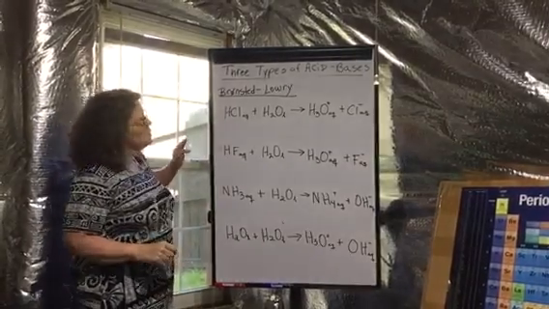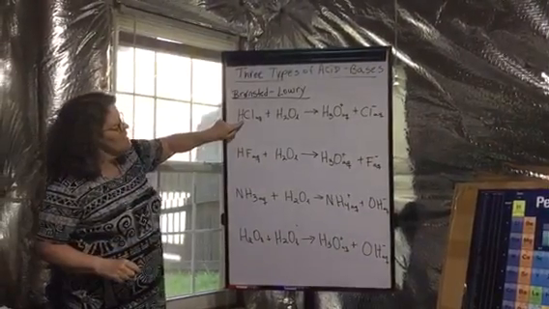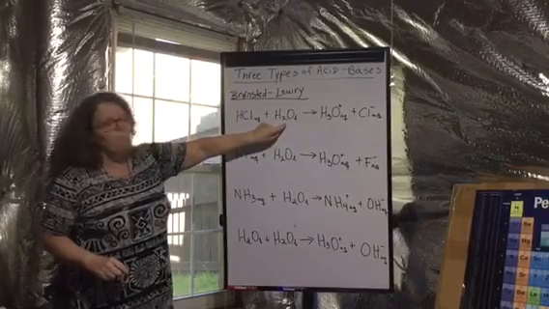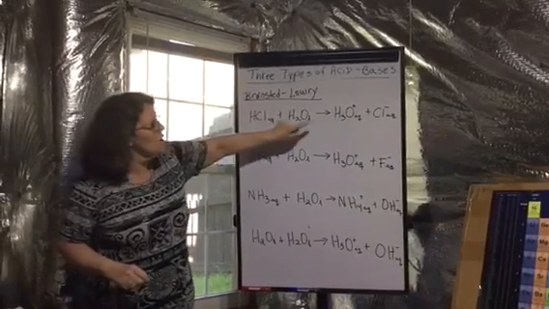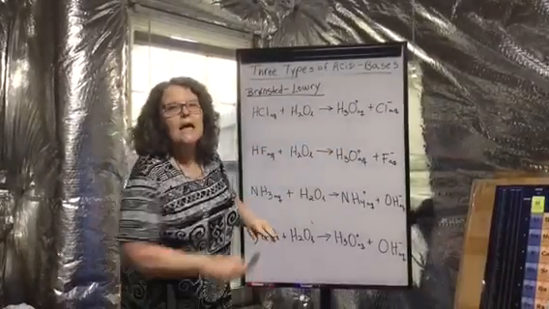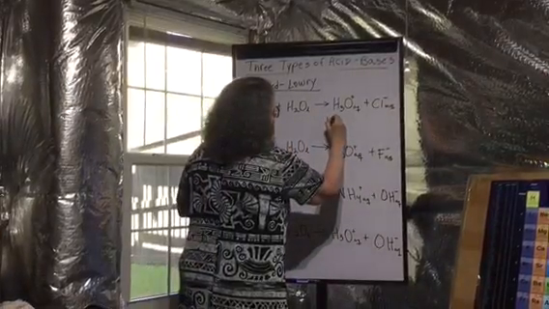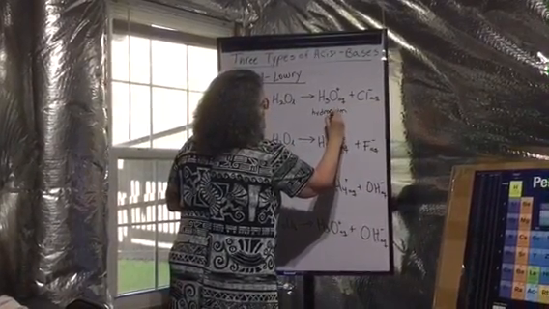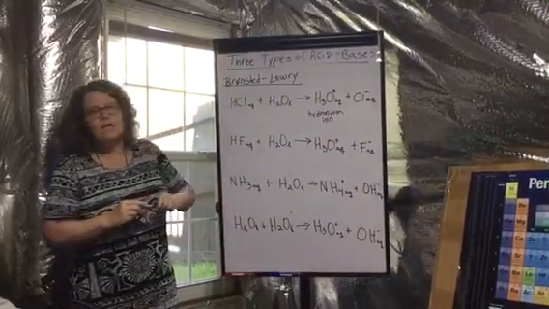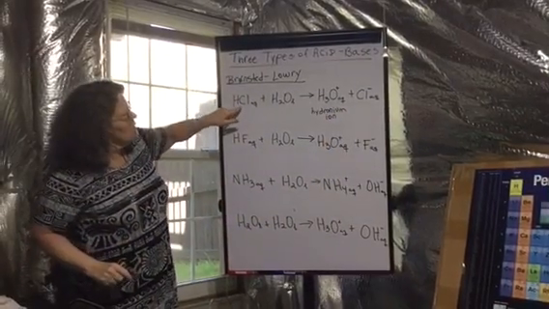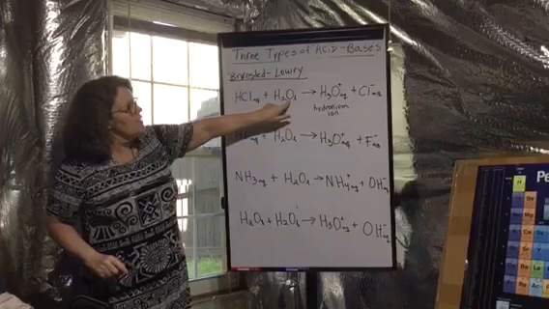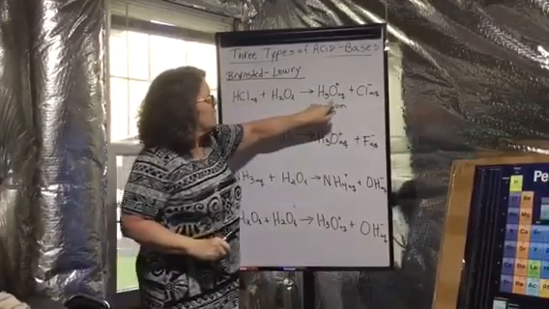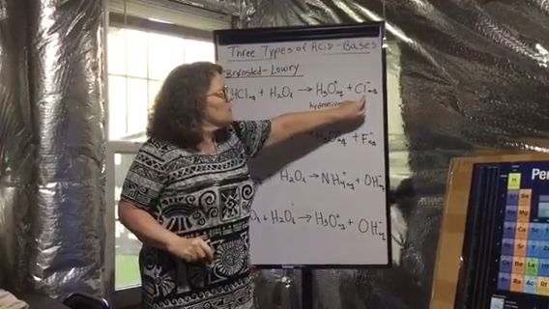Here I have hydrochloric acid dissolved in water, and what happens when it dissolves in water? It produces something called a hydronium ion. This is one of the vocab words. This is a hydronium ion and the chloride ion. So hydrochloric acid, when it dissolves in water, produces this hydronium ion and the chloride ion.